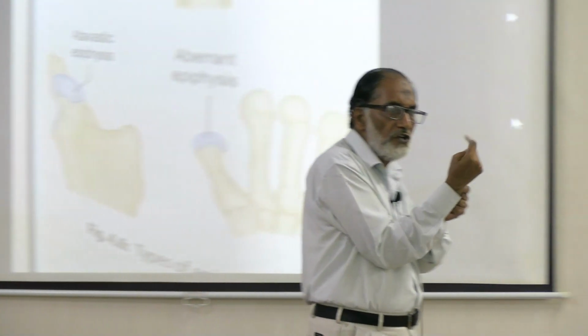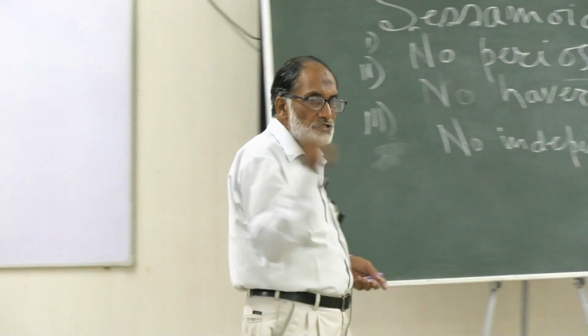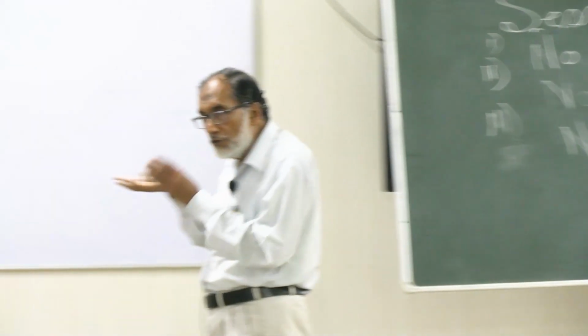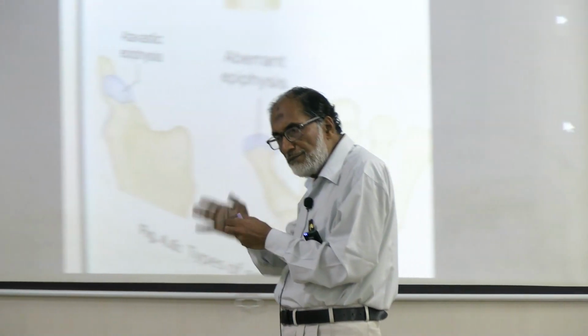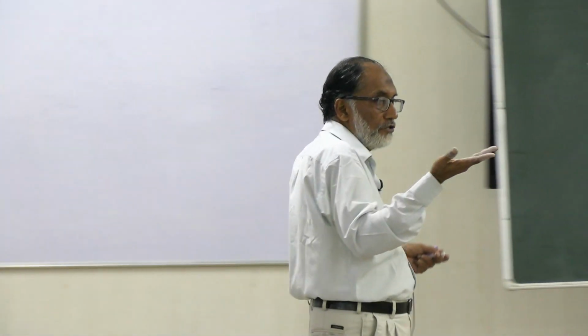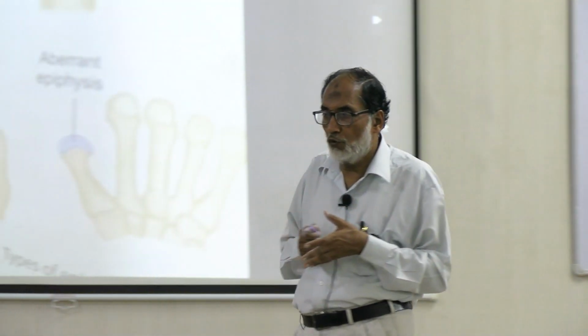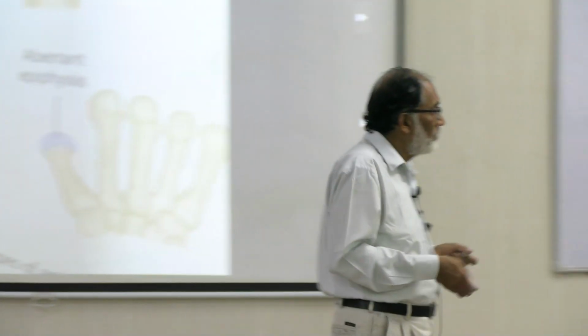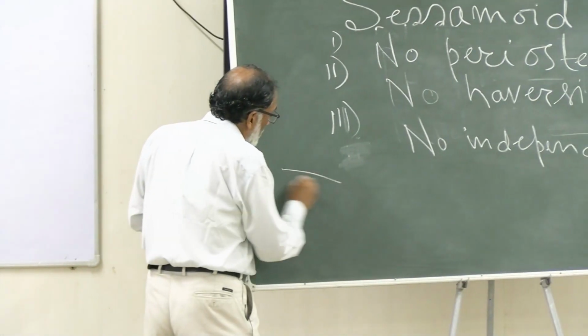At such places the sesamoid bone develops, and the portion which is subject to friction is covered by hyaline cartilage, right? It also alters the direction of the muscle pull. How? Suppose there is a muscle like this.